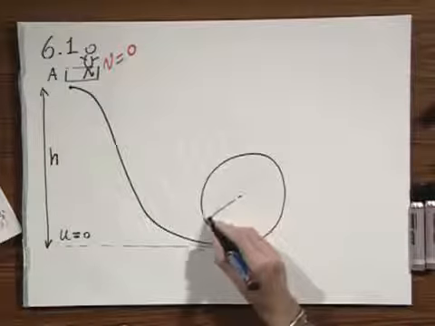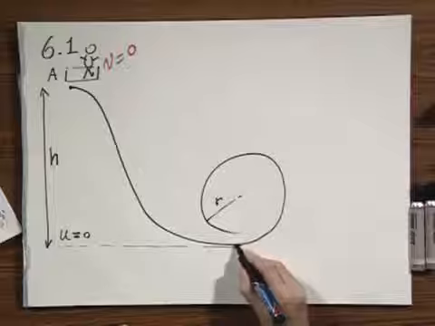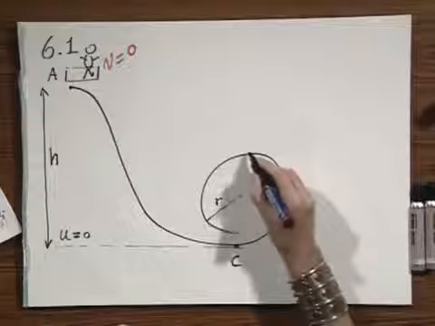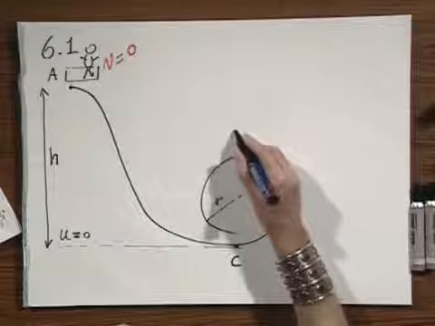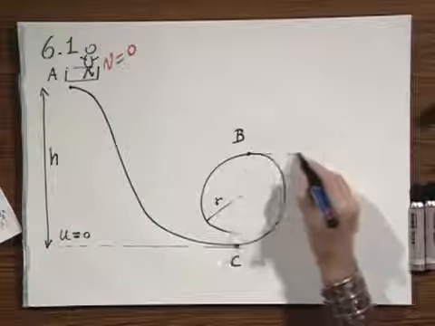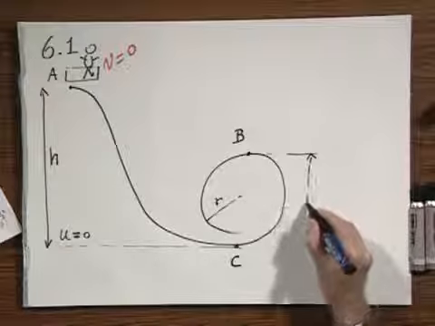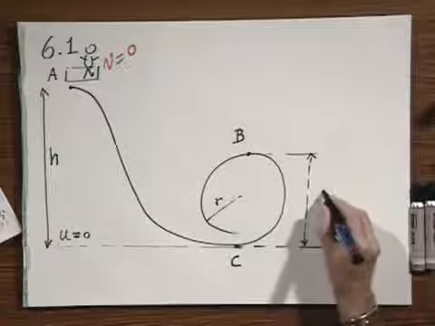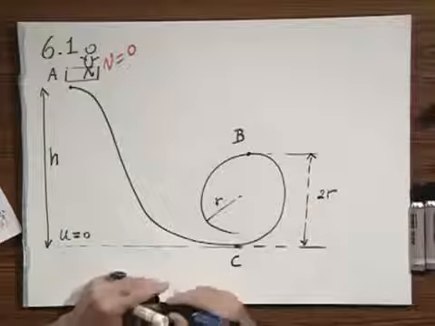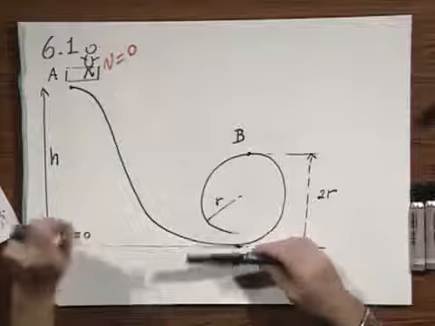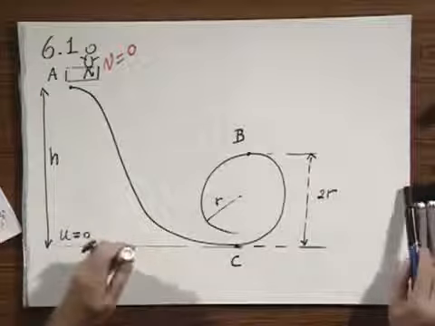The radius of this circle, let that be r, and this is point C, and let this be point B, the highest point of the circle. And this separation here, the distance of point B above the ground, would be 2r. Now, let's assume there is no friction, so mechanical energy is completely conserved.